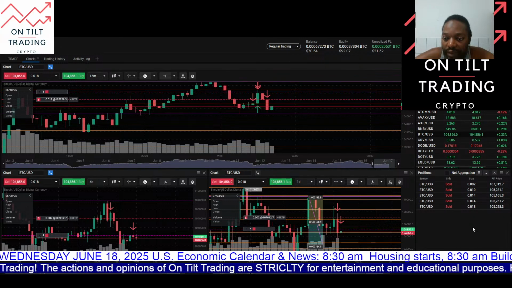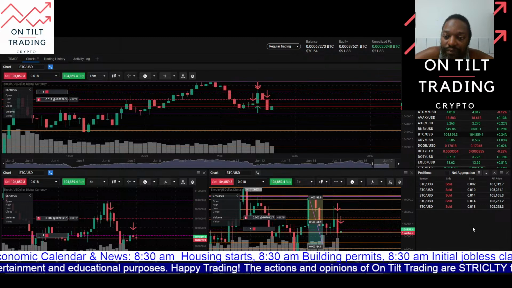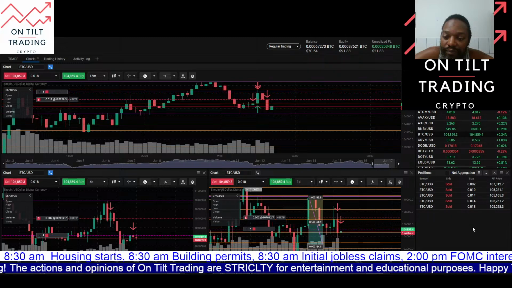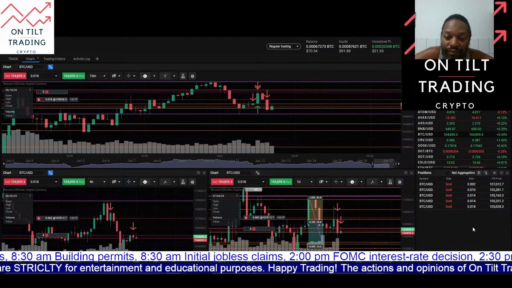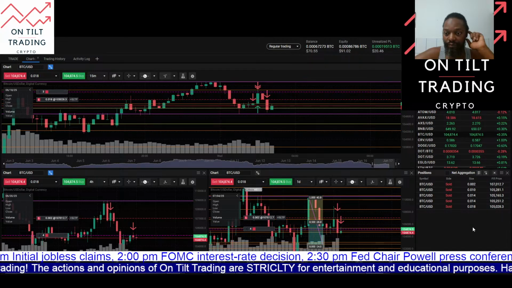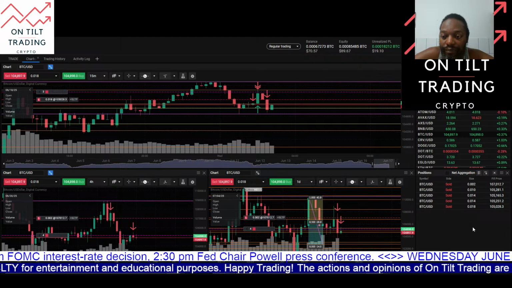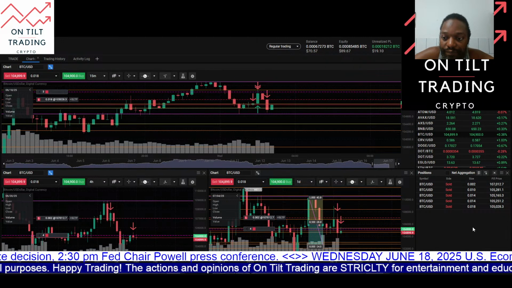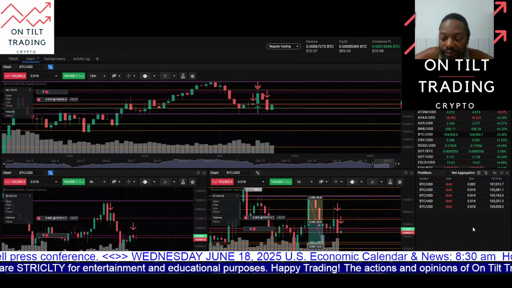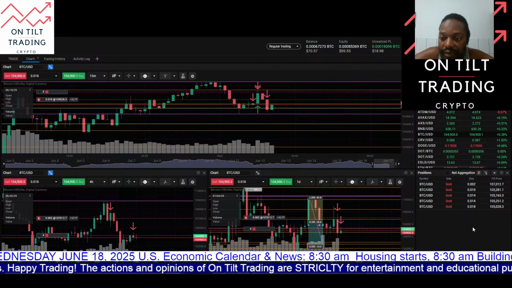More consolidation. Price being delivered to the buy side, back for a test of the 104,900 level and the reactionary level. Less than 5 minutes remaining in this 15-minute candle.